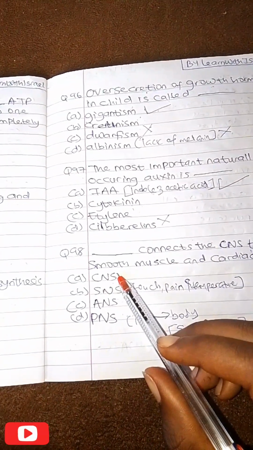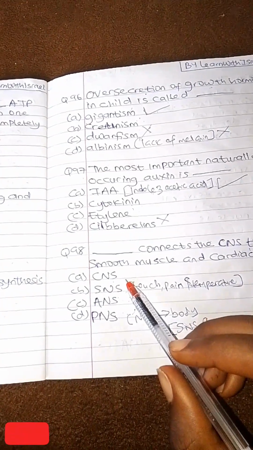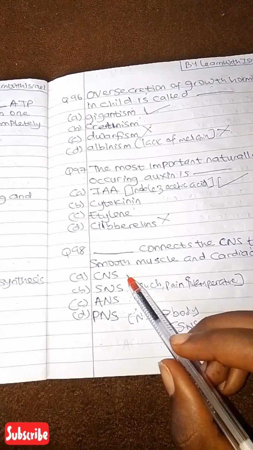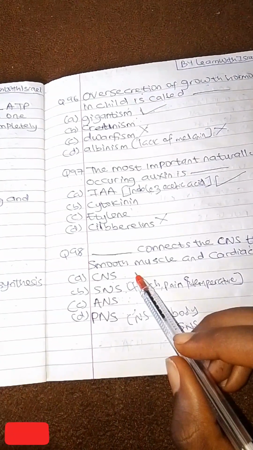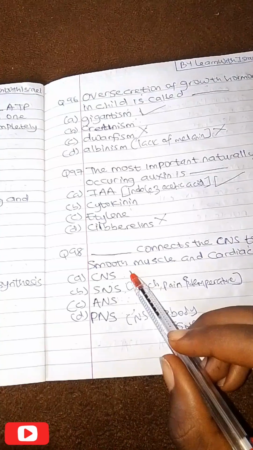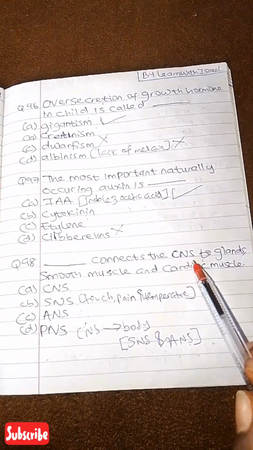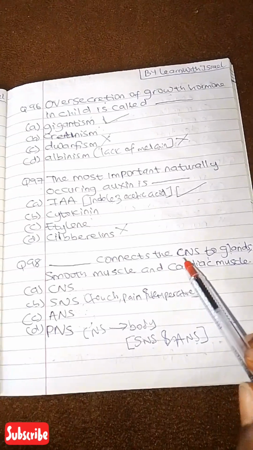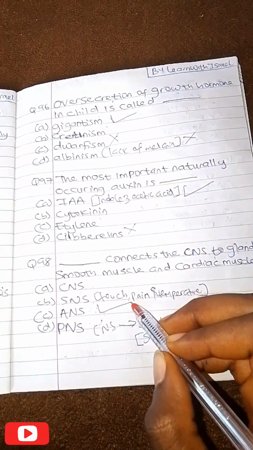While the CNS is the control center for processing and sending out information. It coordinates the brain and spinal cord. So what connects the CNS to glands, smooth muscle and cardiac muscle is the autonomic nervous system.